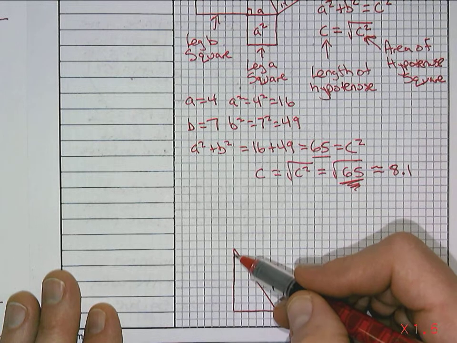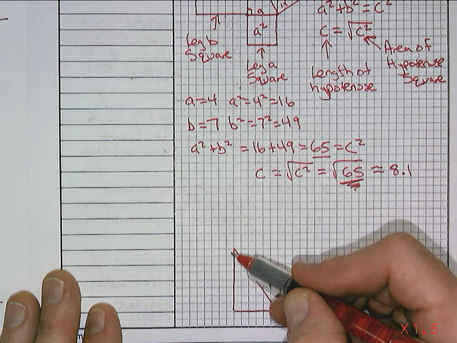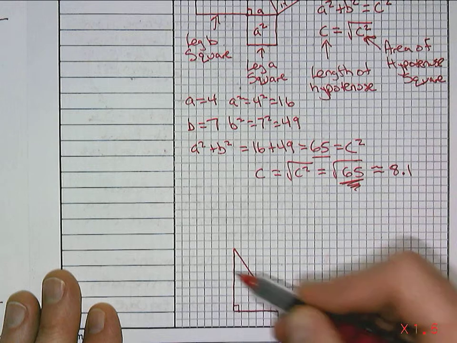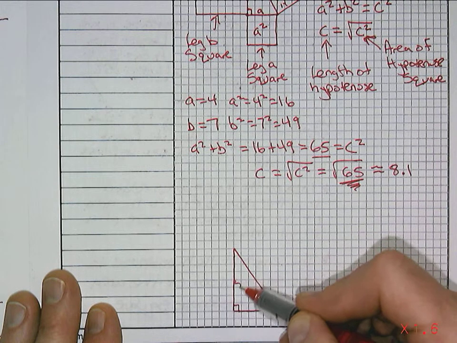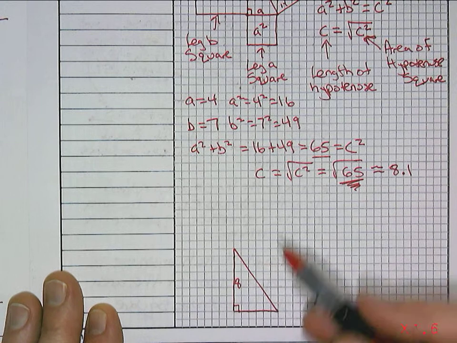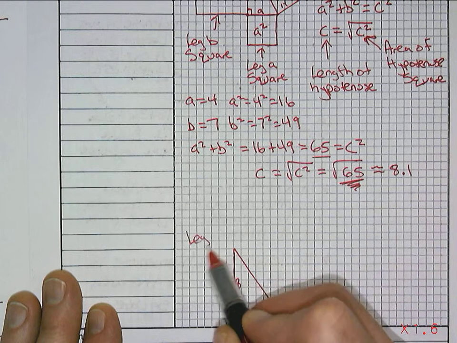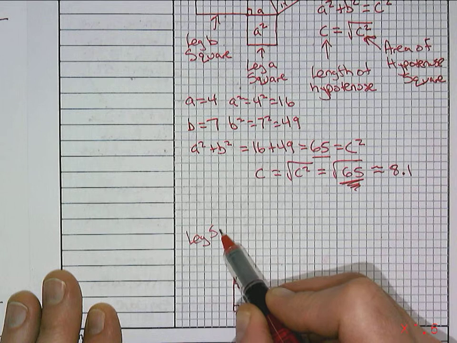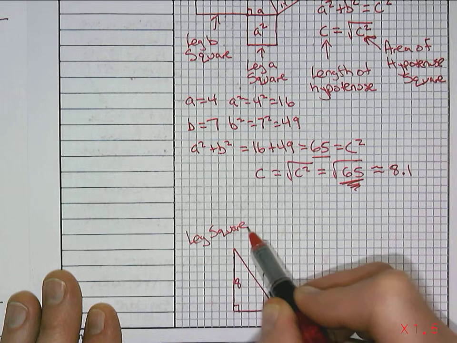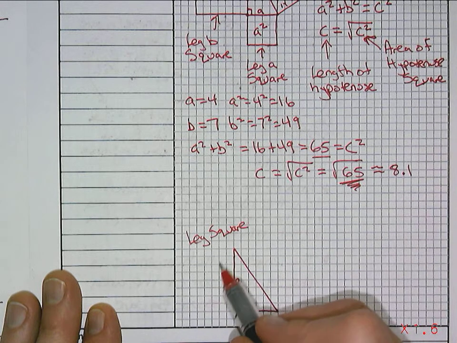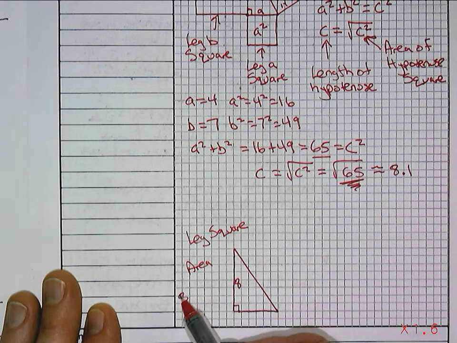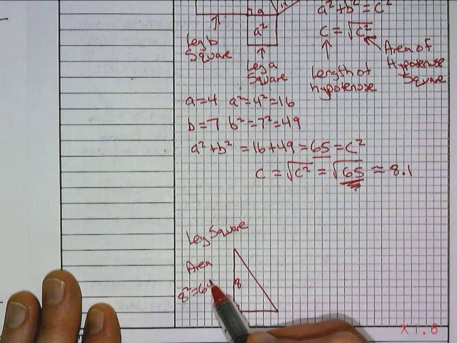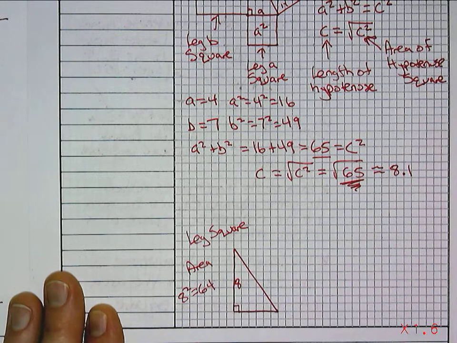And if I just look at these different side lengths, for instance, this side, this is a leg side, 1, 2, 3, 4, 5, 6, 7, 8, and its length is 8. So if I were to actually draw the leg square that's on this side, its area should be 8 squared, or 64 square units, if I were to draw the square.